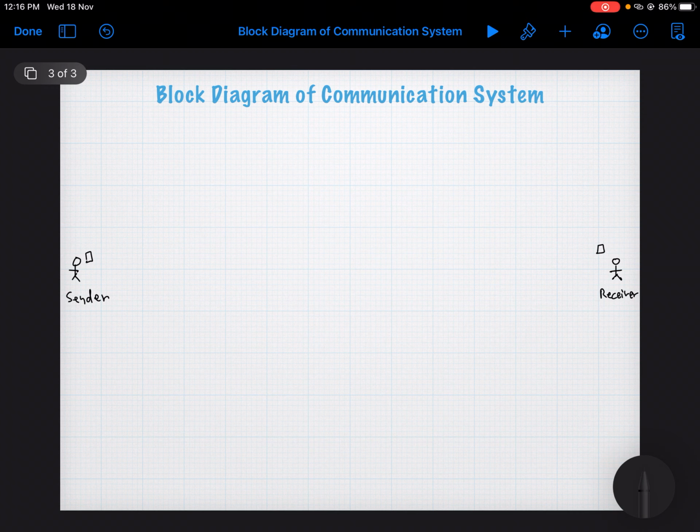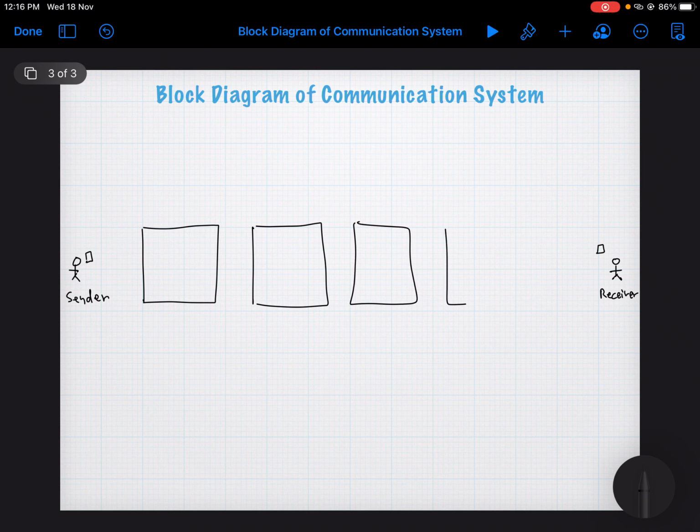Right, now the question is what are the components involved? Basically, there are 5. So the first block is the input transducer or source.